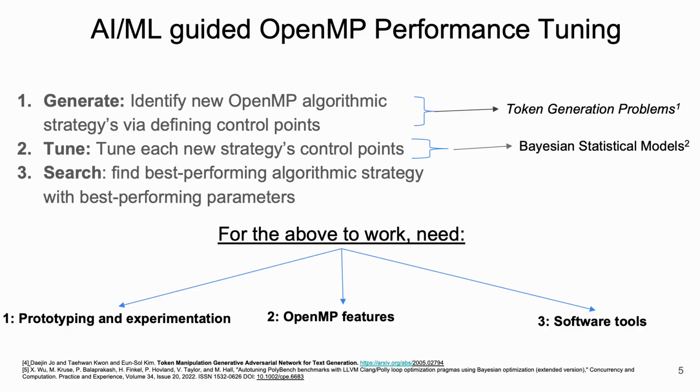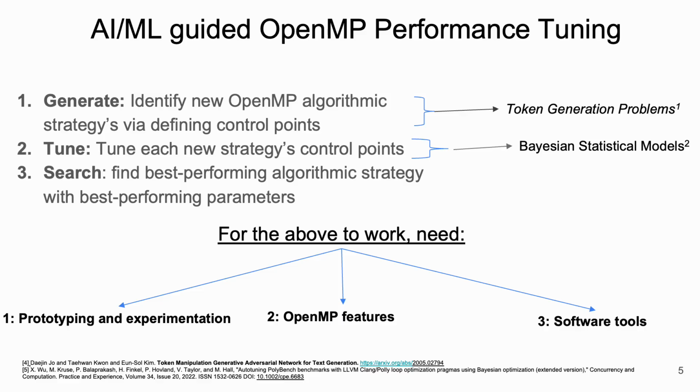For the above to work, we need to fortify existing approaches of these OpenMP scheduling strategies to make them ready for utilizing AI/ML. And we need to do so in the following ways. Prototyping of control points to guide the training and finding new scheduling strategies. Defining and specifying new OpenMP features.